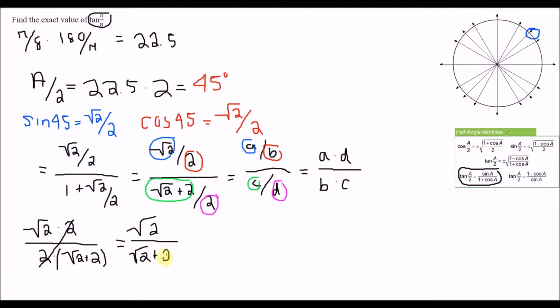Now, we still have this square root in the denominator. So in order to get rid of that, we're going to have to multiply this entire fraction by the conjugate of the denominator, and that would be negative 2 plus square root 2.